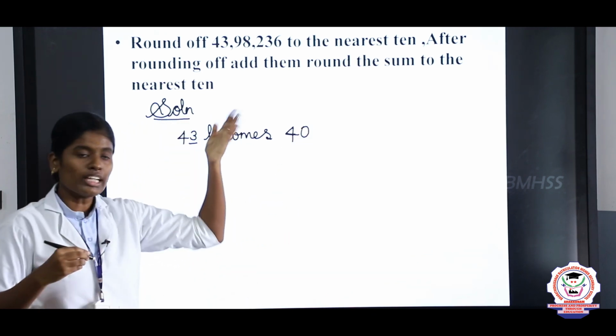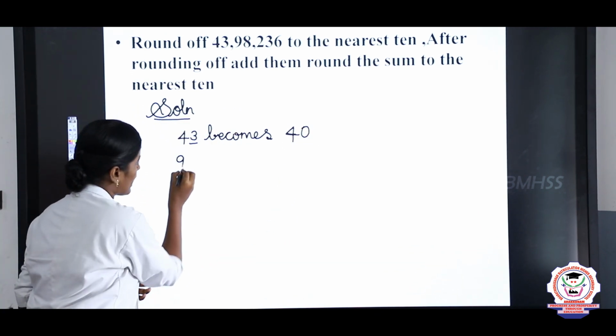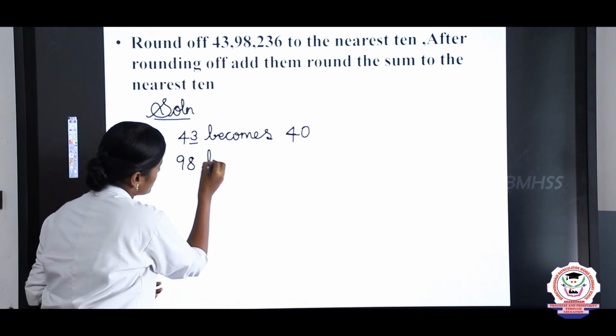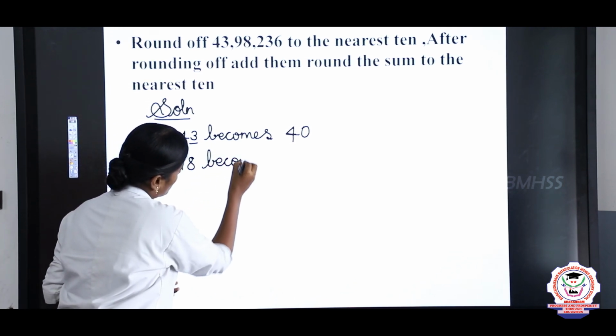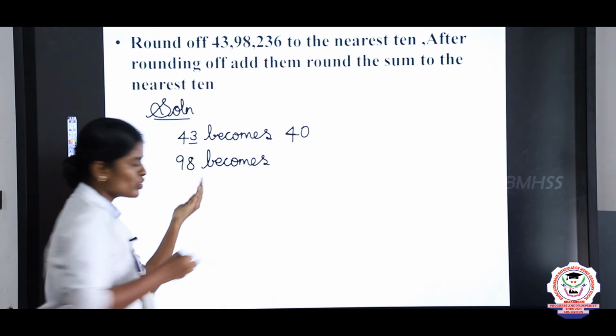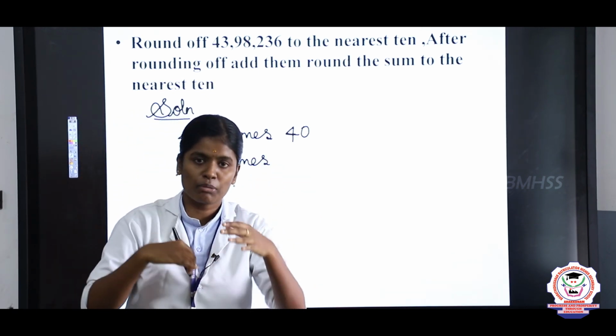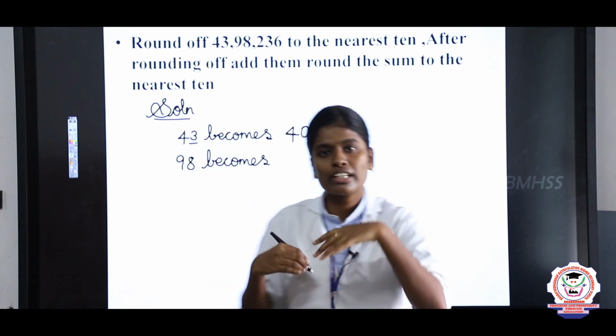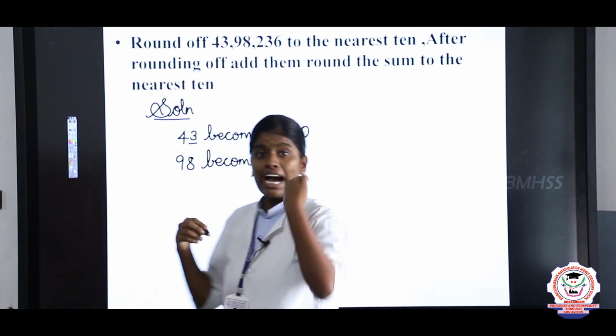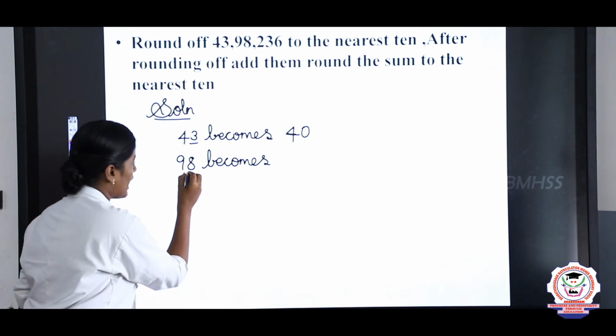Next we check 98. 98 becomes... Now we check the ones place value. In this ones place value, is it a 5 before number or a 5 after number? 8, is it a 5 before number or after number? 8 is a 5 after number.